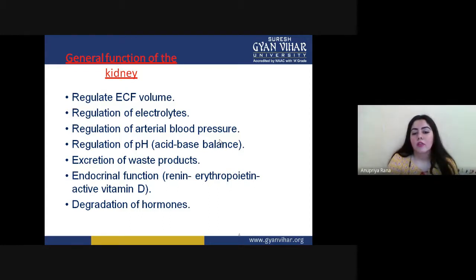Endocrine function, so renin, erythropoietin, active vitamin D, that is called the endocrine function. This is also done by the kidney inside our body. Last, degradation of hormones. For the hormones which have been used, if we want to degrade them, the whole degradation process is done inside the kidney.